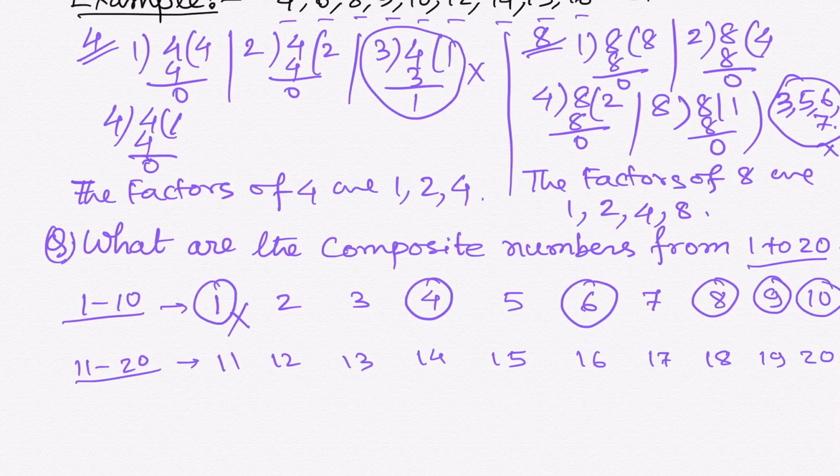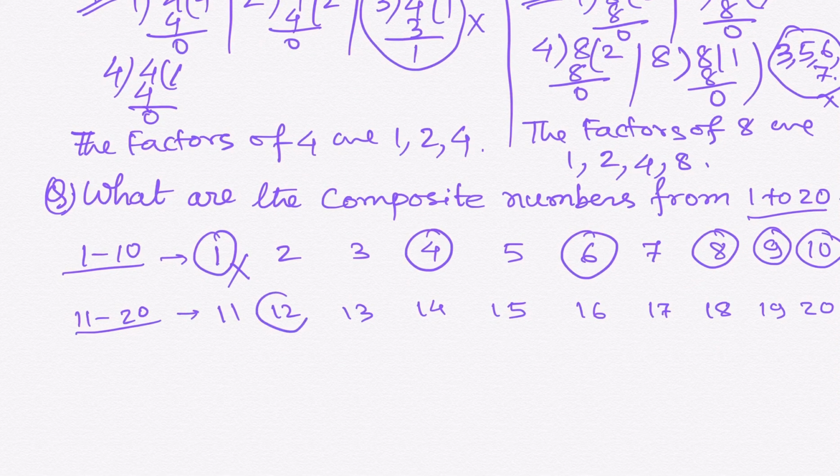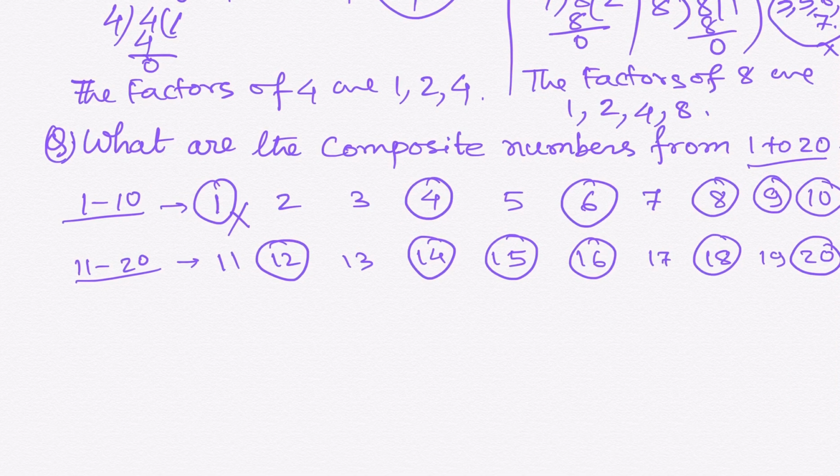In 11 to 20, 12 is a composite number, 14, 15, 16, 18, and no 19, no, and 20. So in the range 1 to 10 the composite numbers are 5, and in 11 to 20 the range is 6.